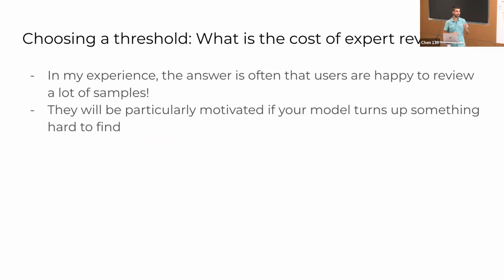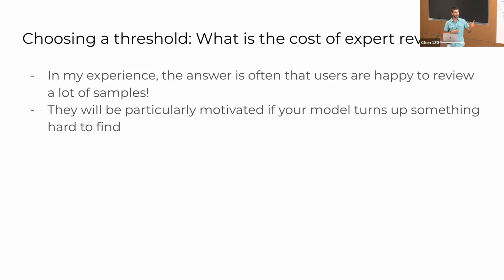So the other thing that comes into play when we're choosing a threshold, if we need a threshold in our scores to create predictions, is what is the cost of expert review? Is it okay if I need to review literally 1 million samples from my data set of 100 million? Or do I need to filter my data set of 100 million samples down to 5,000 clips that I can review in a single day or something?